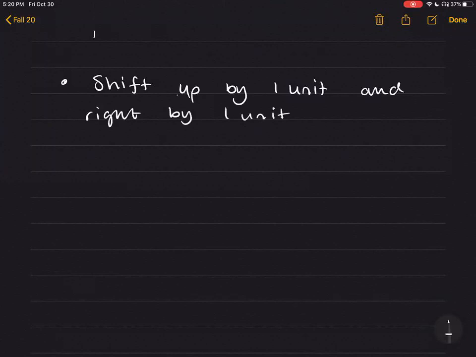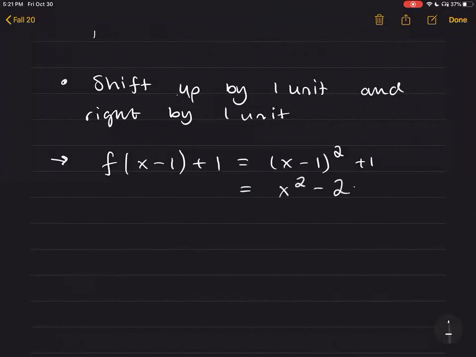So according to our function rules, the shift right by 1 unit will be x minus 1 in the parentheses, and the shift up by 1 unit will be plus 1 outside of it. And so if we look at that in our function, that's x minus 1 squared plus 1, which if you FOIL this out and simplify, you get x squared minus 2x plus 2.